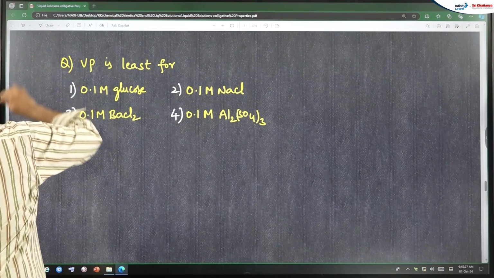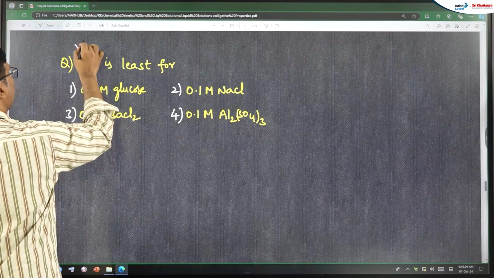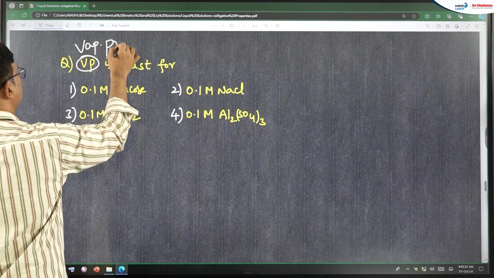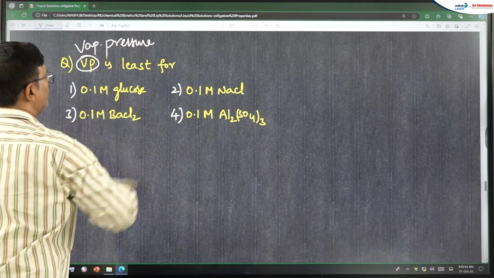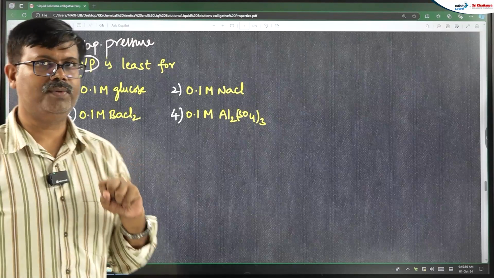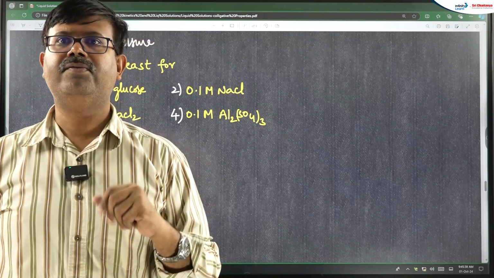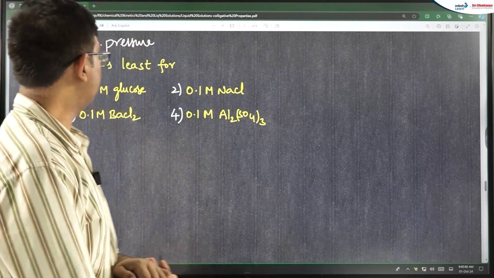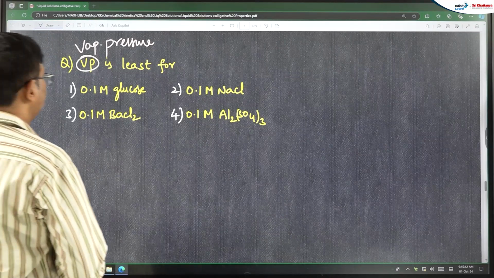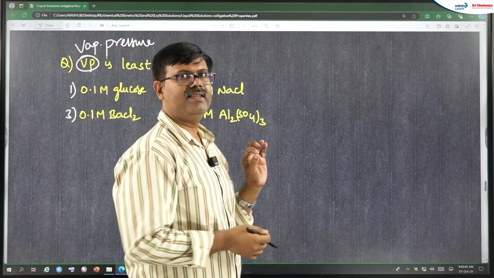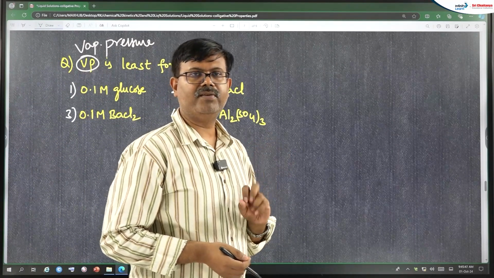Next, VP. VP means here vapor pressure is least for which option? Vapor pressure is least for which one? Now see, first let's write the relative lowering of vapor pressure formula.